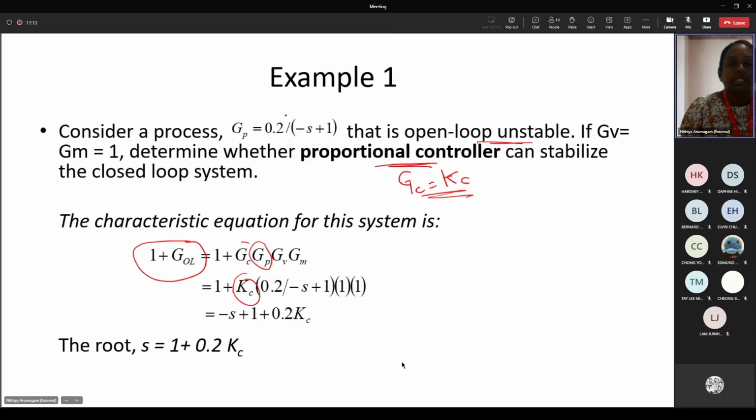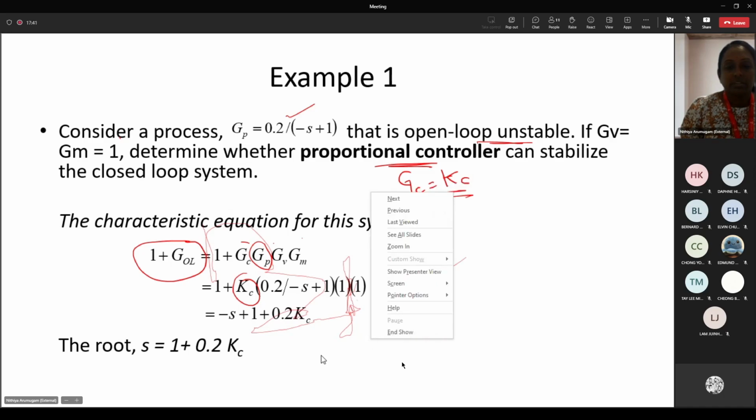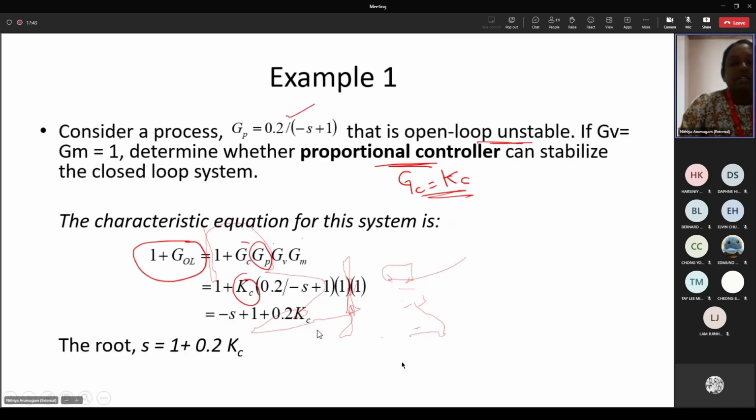Gp is given as this, and Gv and Gm are equal to unity. So they replaced that and got negative s plus 1 plus 0.2 Kc. So rearranging, you will get the root s.